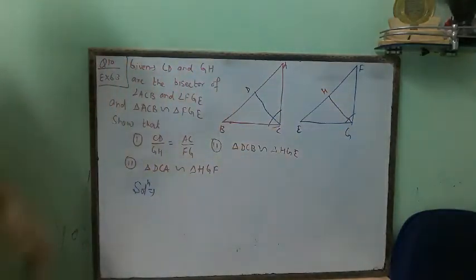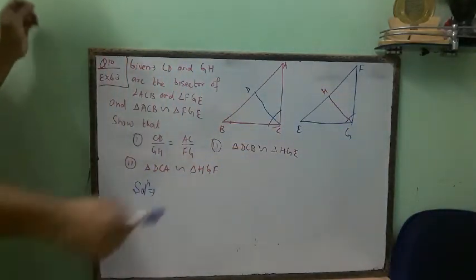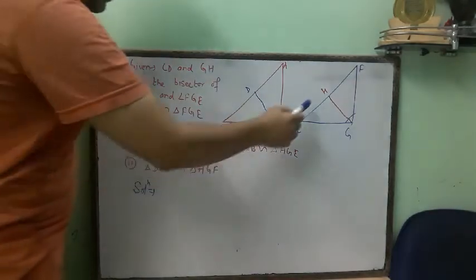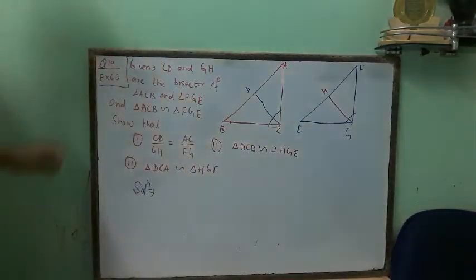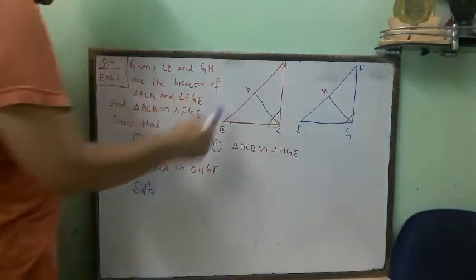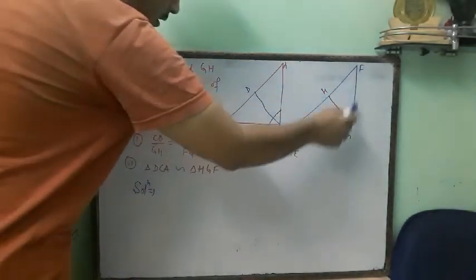The second, that triangle DCB is similar to triangle HGE. And the third, that triangle DCA is similar to triangle HGF.